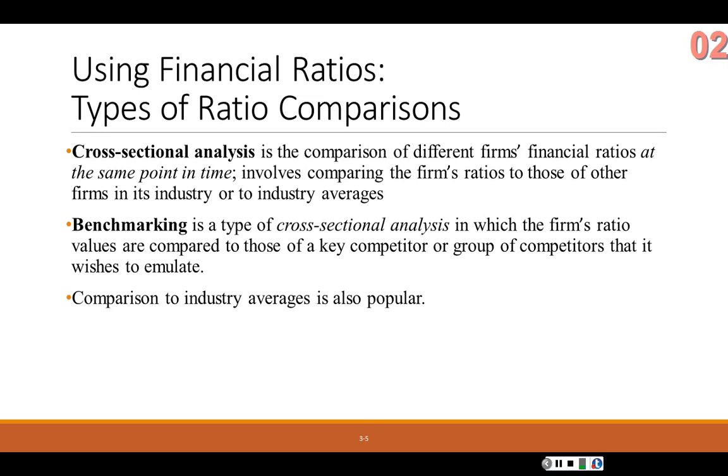A specific type of cross-sectional analysis is benchmarking. This is where the firm's ratio values are compared to those of a key competitor. Benchmarking allows you to compare yourself to someone that you want to emulate. It's also popular to compare yourself to industry averages.